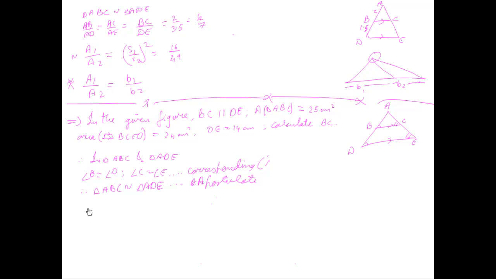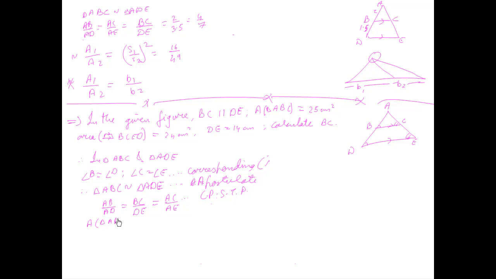Once we prove the triangles similar, children, we can get the ratio of corresponding sides. That's AB upon AD is equal to BC upon DE is equal to AC upon AE. Corresponding parts of similar triangles are proportionate. Once we get that, children, we can also write down areas of similar triangles are proportional to the squares of the corresponding sides.